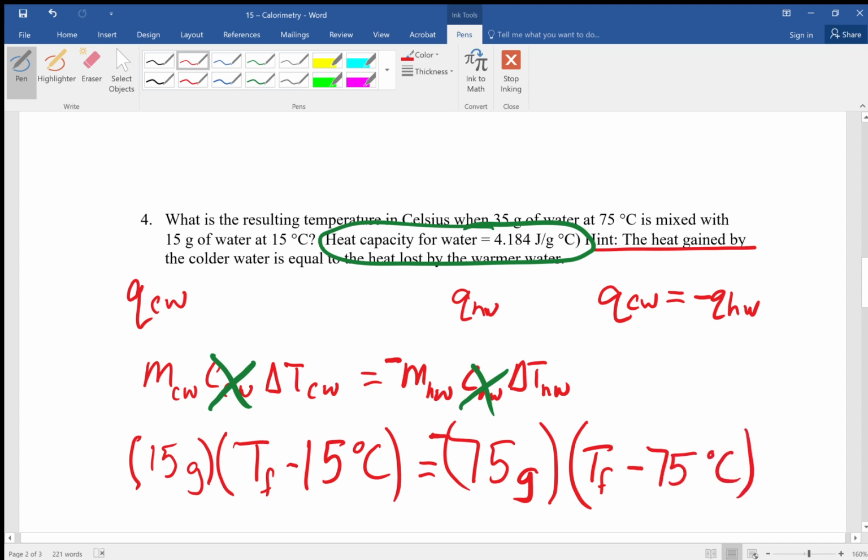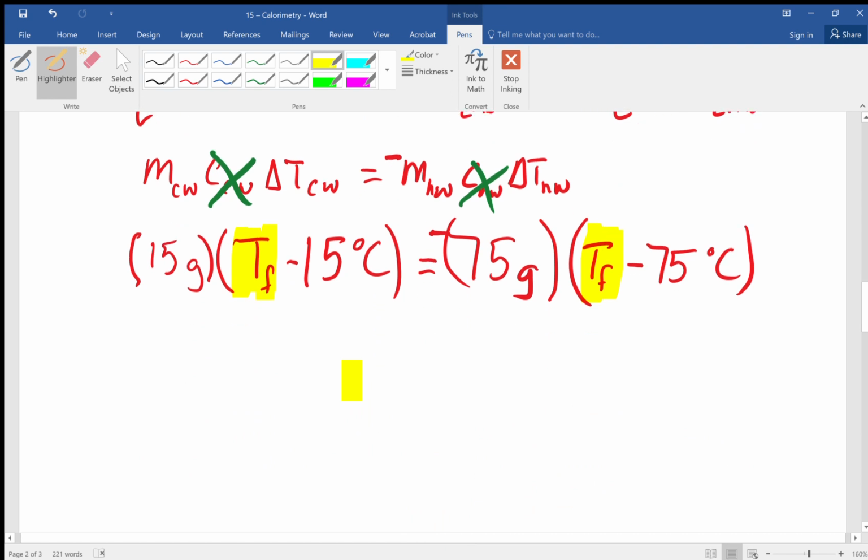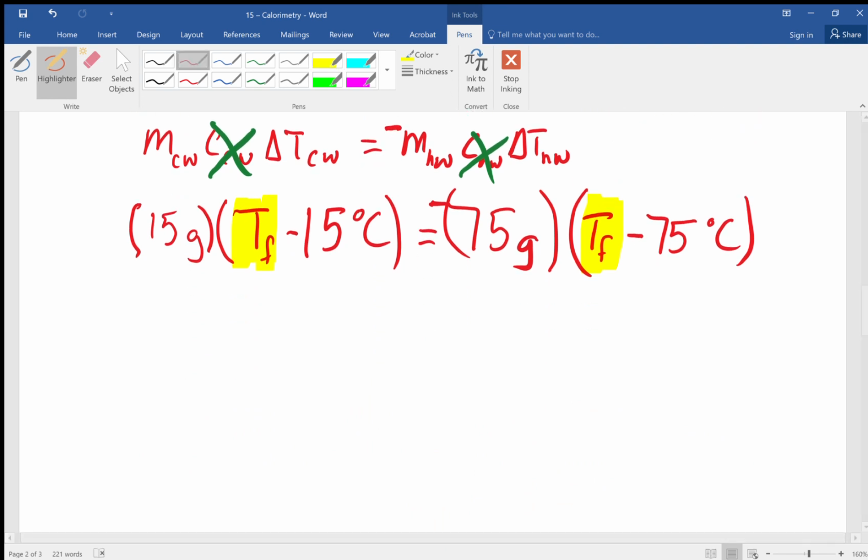Now notice I'm not differentiating between the final temperature of the cold water and the final temperature of the hot water. Why not? Well, if we're mixing these together, then that temperature should be the same. All right, so let's work through this.